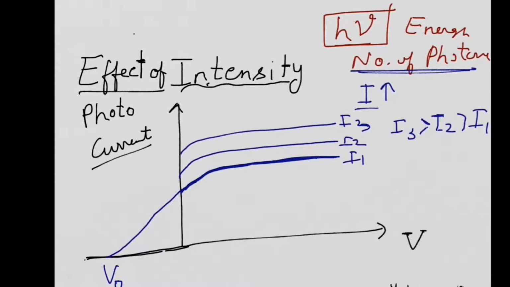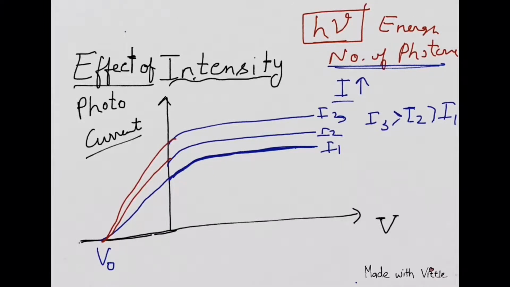So as the intensity increases, the saturation current increases, but as you know, there is no change in the energy of electrons, so the stopping potential will be the same. This is how the variation of photoelectric current takes place with the potential. This means that the intensity of incident light affects the photoelectric current, but the maximum kinetic energy of photoelectrons remains unchanged, as shown in the diagram.